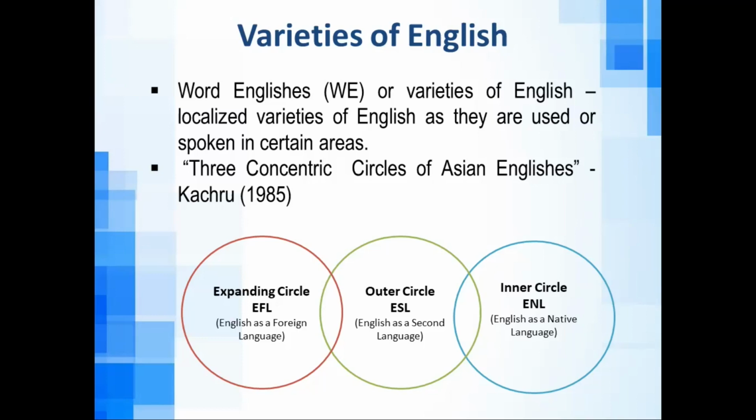In the 17th and 18th centuries, the English language was spread through the imposition of British culture on some countries in the outer circle. Later on, you'll see what this outer circle is that I'm talking about. These countries are called the British colonies or Commonwealth of Nations. So they belong to the British Empire.